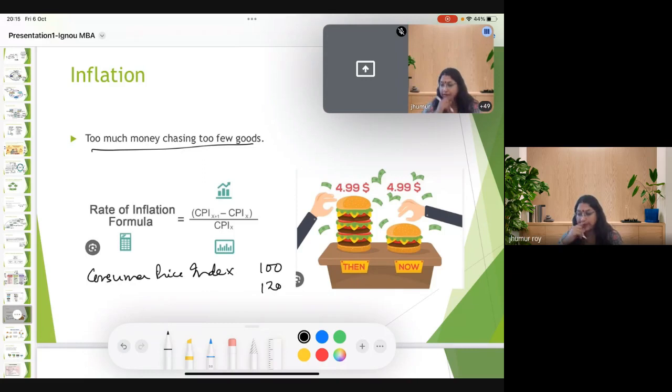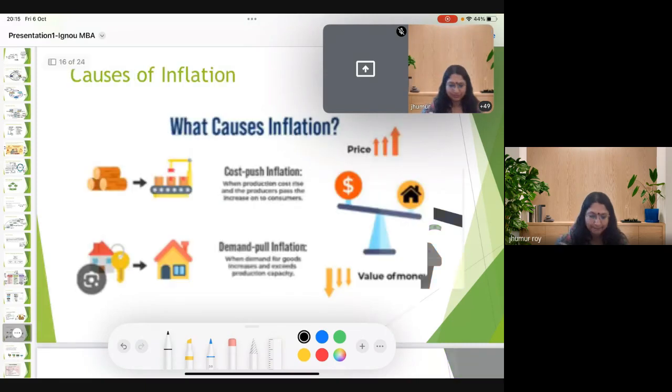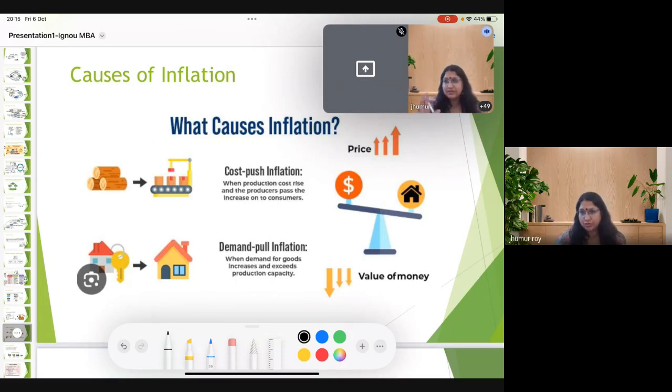This is very important because it tells you how the value of your currency has gone down or gone up. So this is a very important formula to remember whenever we are calculating inflation. The next is the reason for inflation. There are two reasons why we talk about inflation.